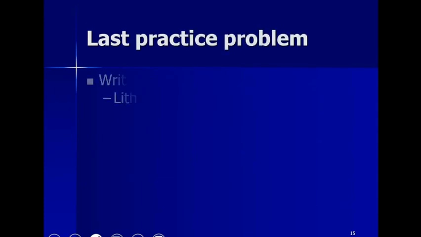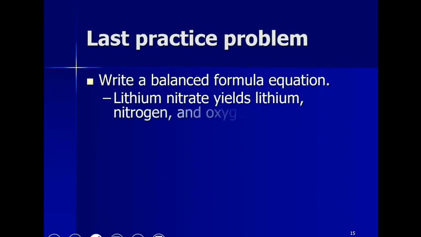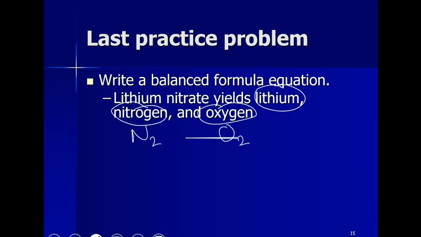And then our very last practice problem. Lithium nitrate yields lithium, nitrogen, and oxygen. So here it's important to pay attention to which ones of these are diatomic. Nitrogen and oxygen are. So N2 and O2. Lithium is just Li.